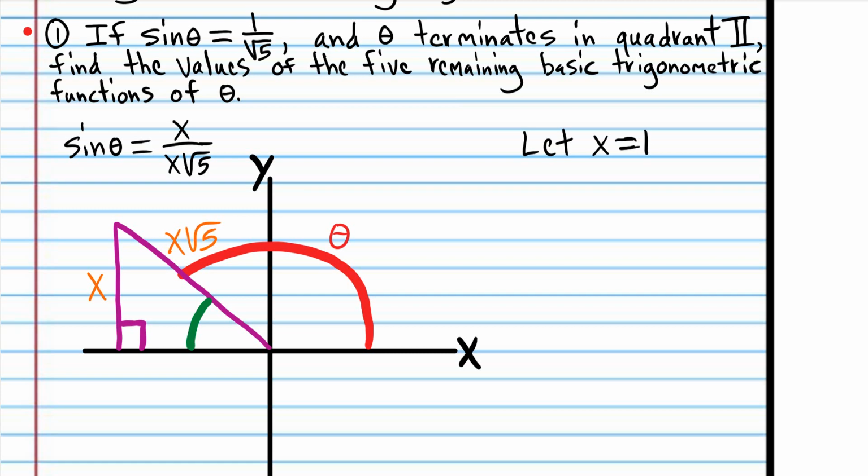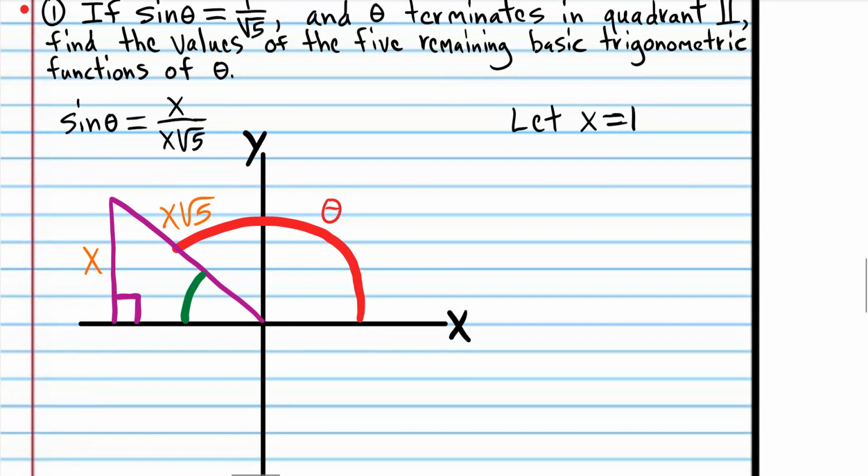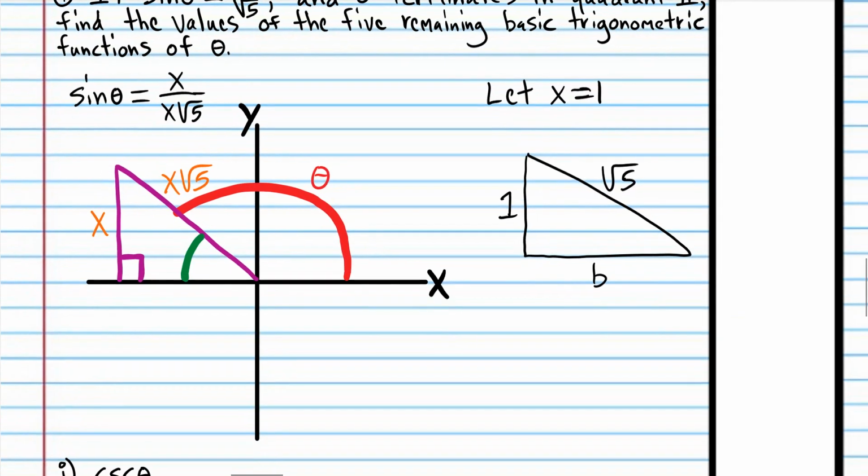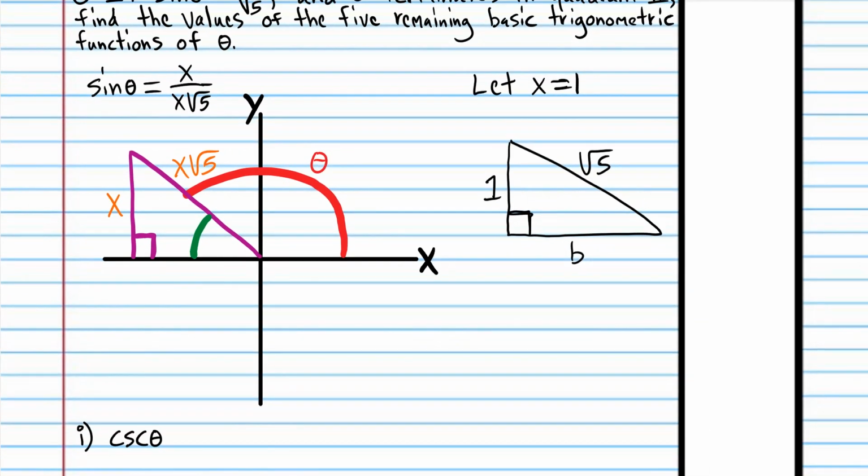We're going to use the Pythagorean theorem. So if we let x equal 1, then we can write our triangle now. This side is 1, this side is root 5, and this side we don't know. So now we're dealing with this triangle with x equal to 1.